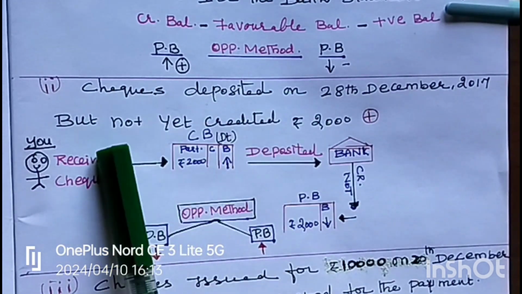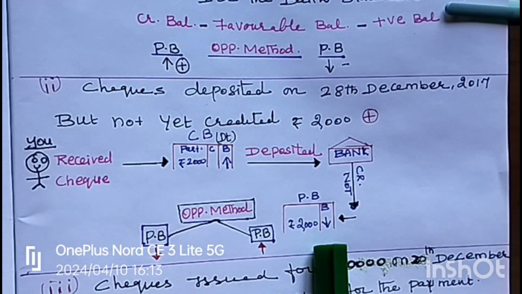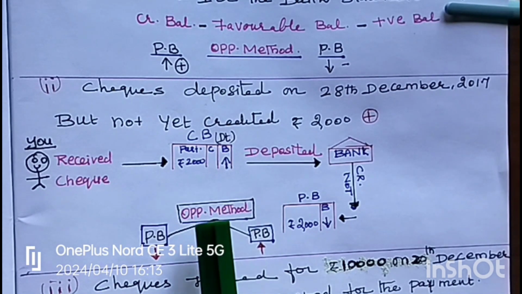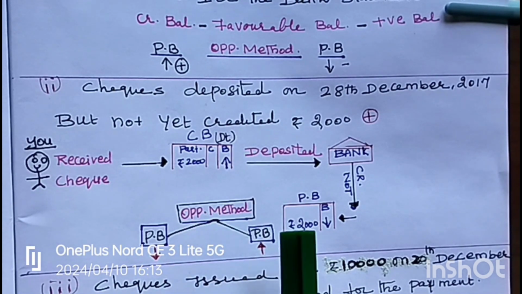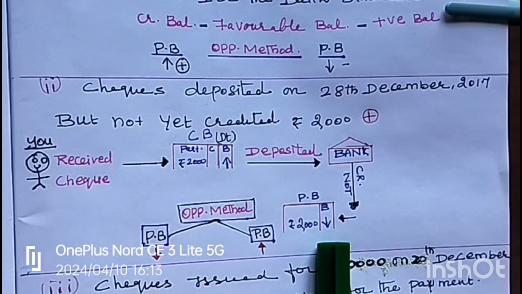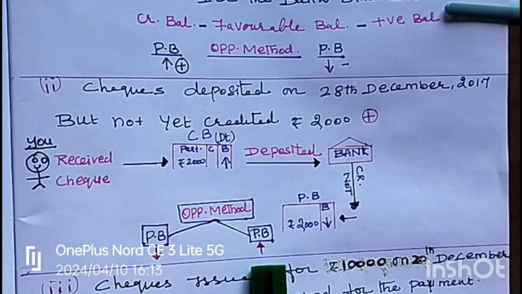Deposited check not yet credited, so your passbook decreased. Now we use the opposite method. What is the rule of the opposite method? Whatever is to be decreased in your passbook, as per the opposite method, it will be increased.